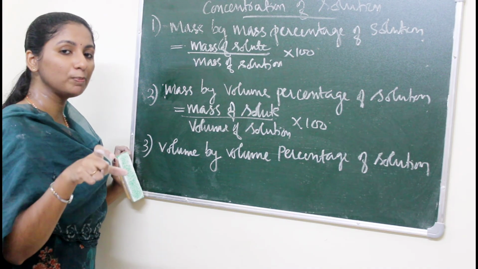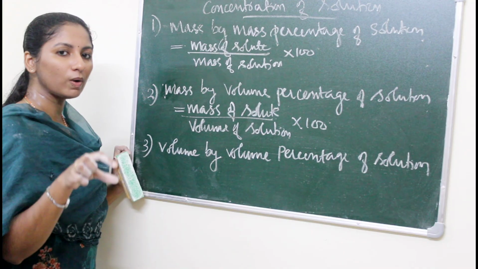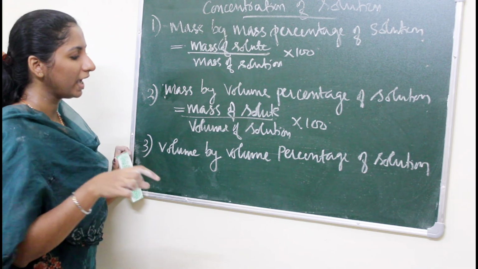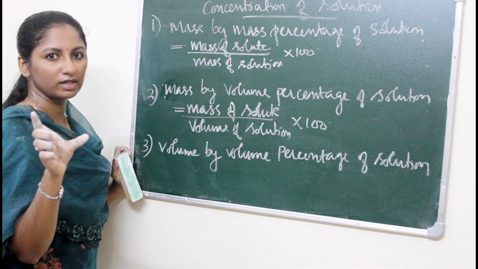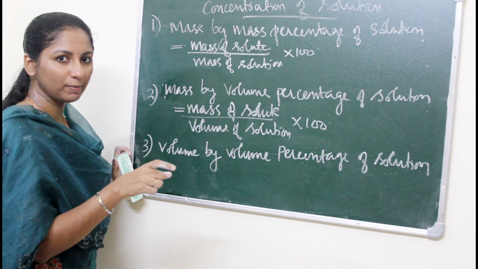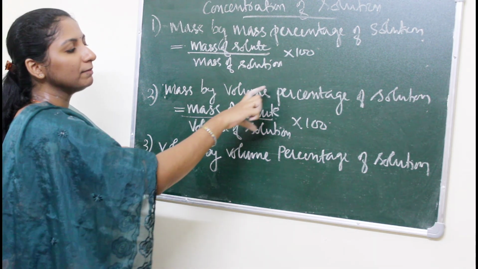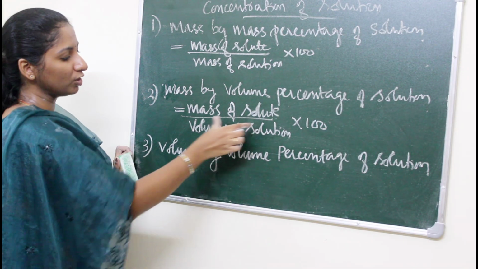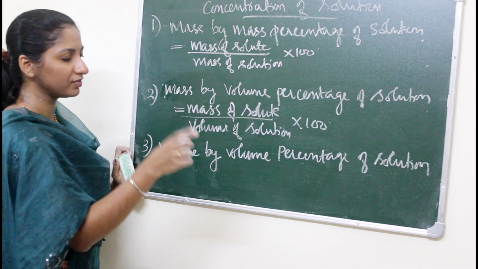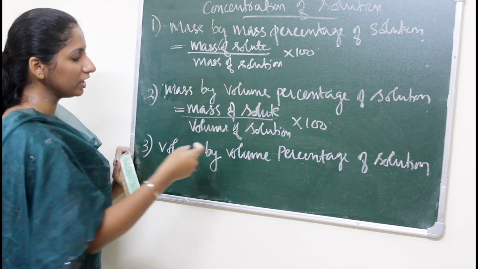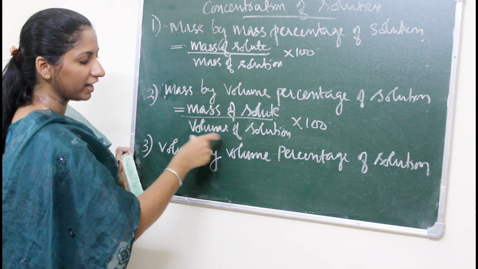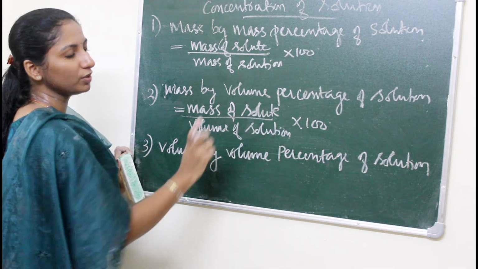In that, solute particle is actually in solid state, solid phase, right? And the solution is liquid. Okay, so for such type of solution, liquid solution, we can apply this equation: mass by volume percentage of solution. Mass of solute by volume of solution into 100. That means in case of salt solution, the mass of salt divided by volume of salt solution into 100.